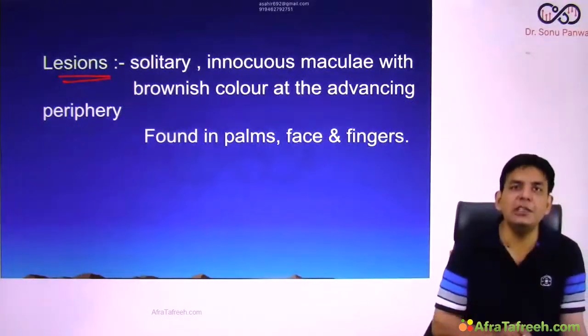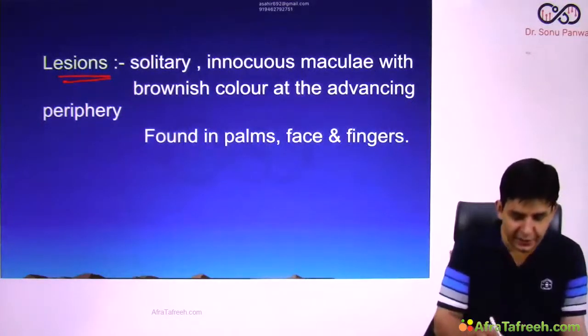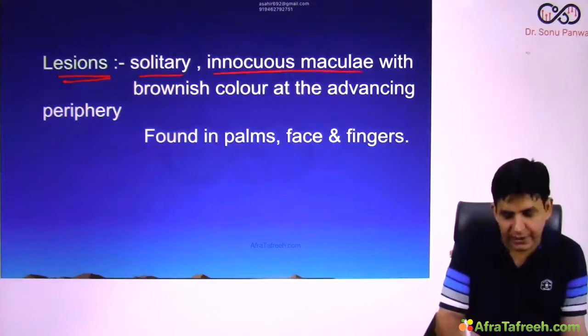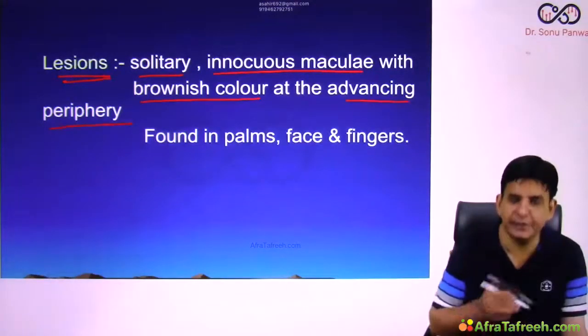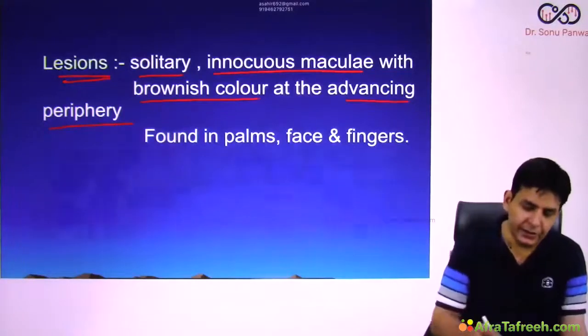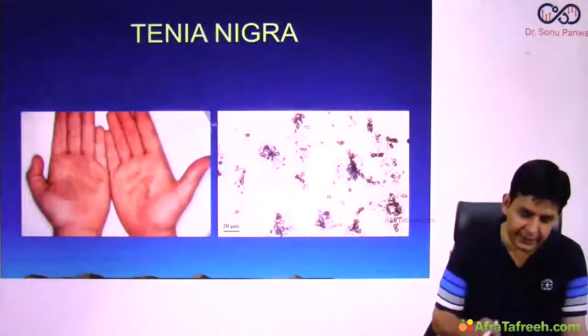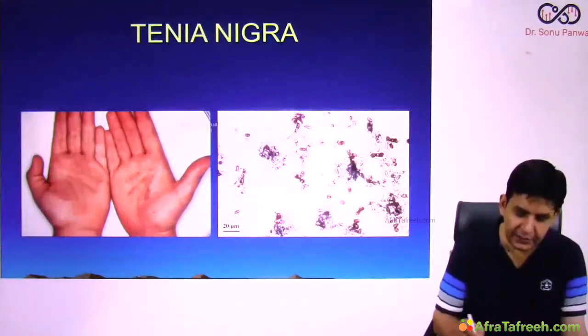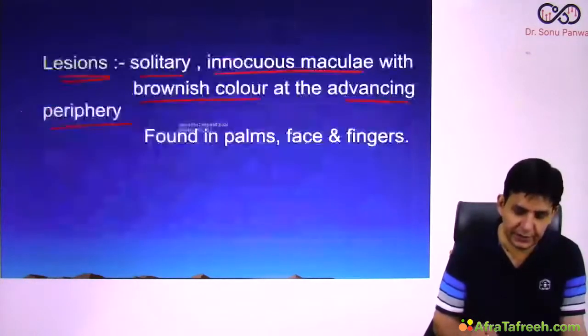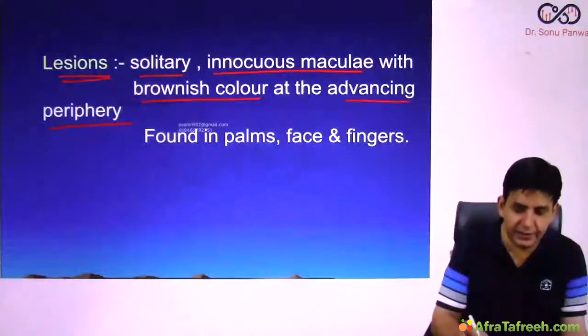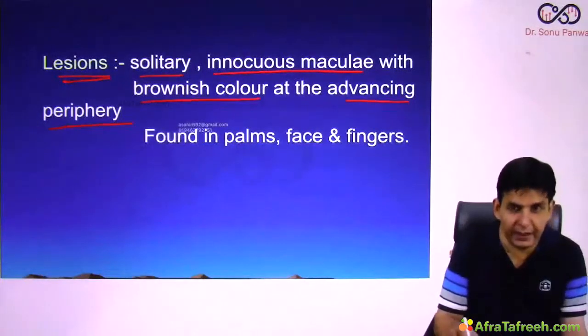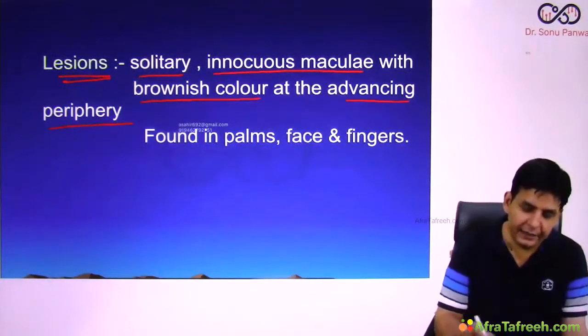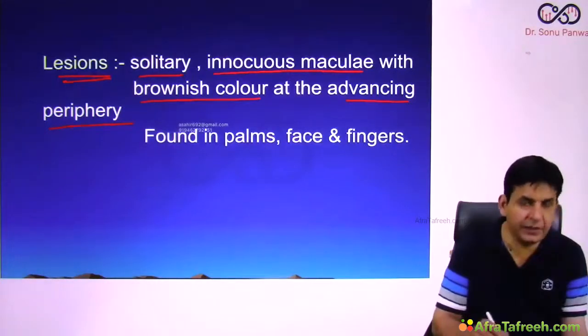How do the lesions of tinea nigra look? They are solitary, innocuous macules with a brownish color at the advancing periphery.